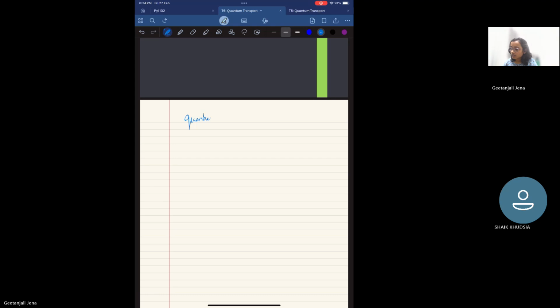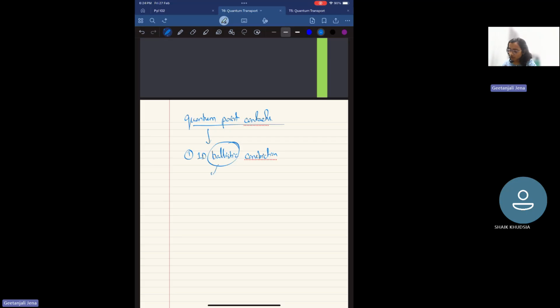What is a quantum point contact? This is a 1D ballistic constriction. By ballistic, what do we mean?